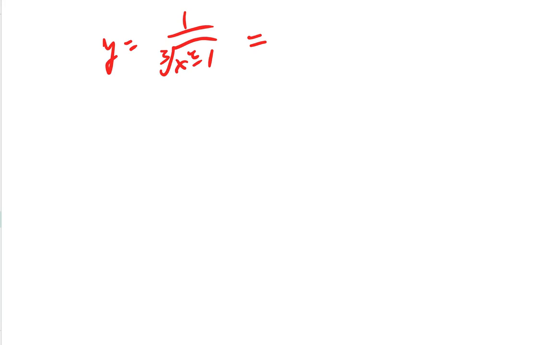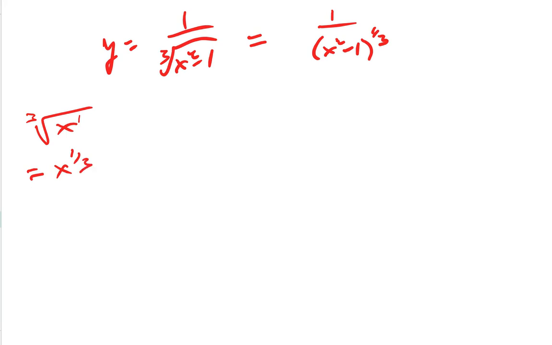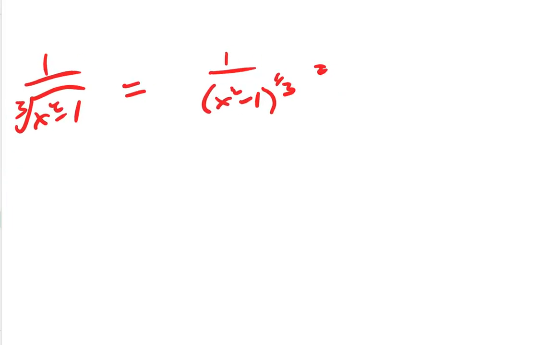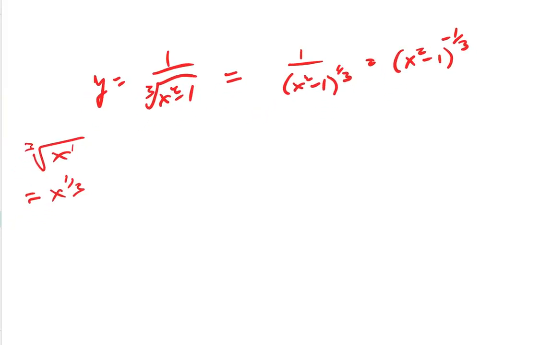So first of all, this is 1 over x squared minus 1 to the 1/3 power, because the cube root of x is x to the 1/3 power. And now, when I have 1 over something to a power, that's actually that thing, whatever it is, x squared minus 1 to the negative power like that. So I rewrite y like that.